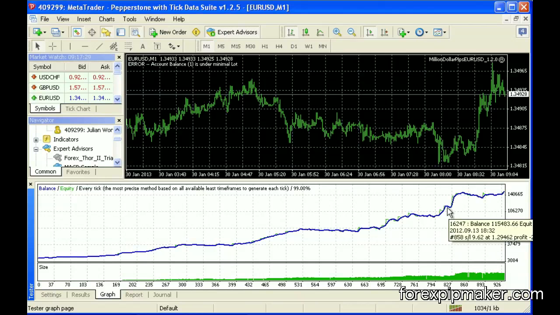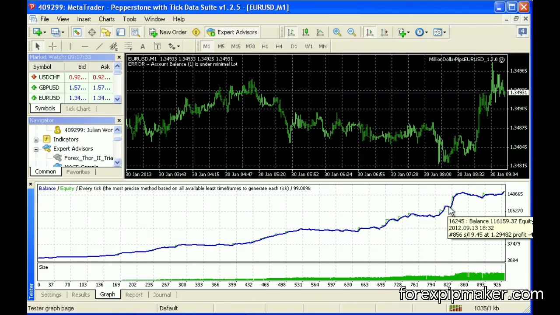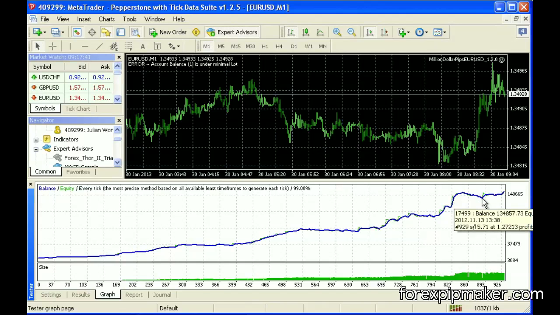Then there was a sharp drop for mid-September all the way to the next day, and again from the end of September to November there was a huge drop. During this period, from the end of September to November, there were very, very few trades as compared to earlier in the year.